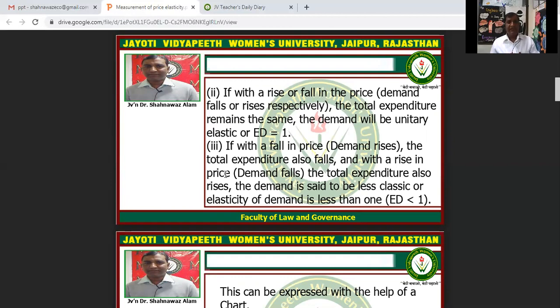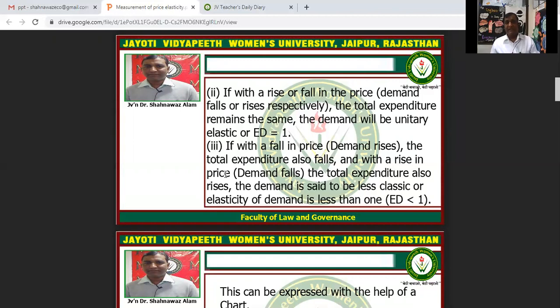Third, if with a fall in price demand rises, the total expenditure also falls, and with a rise in price demand falls, the total expenditure also rises. The demand is said to be less elastic, or elasticity of demand is less than 1.